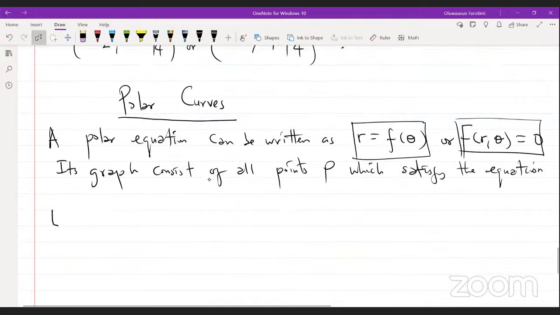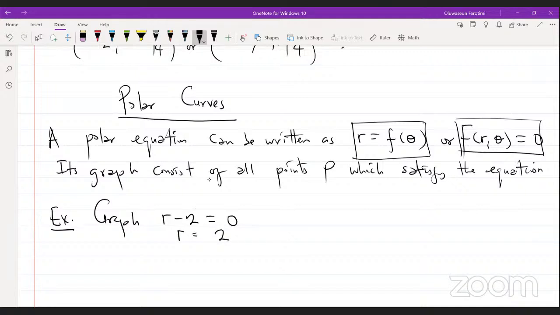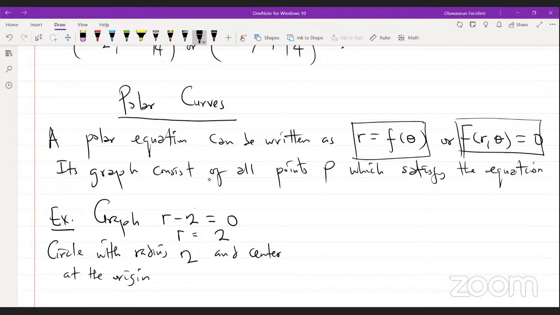All right, so example. We want to graph this guy. Now remember, a polar equation is given by r equals f of theta, right? So I can move this constant to the other side. I have r equals 2. So this actually describes a circle with radius 2 centered at the origin. So we have the radius 2 as well as being centered where, guys?